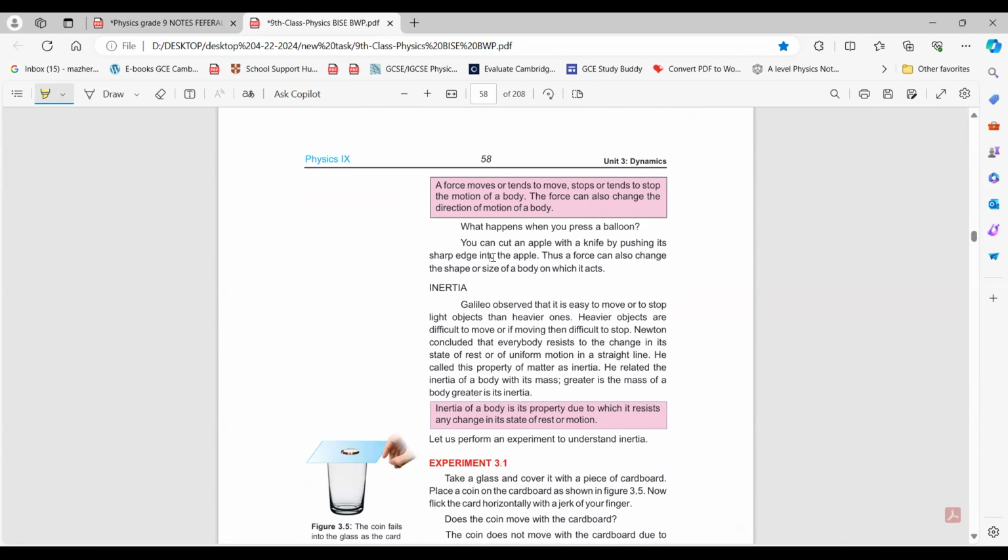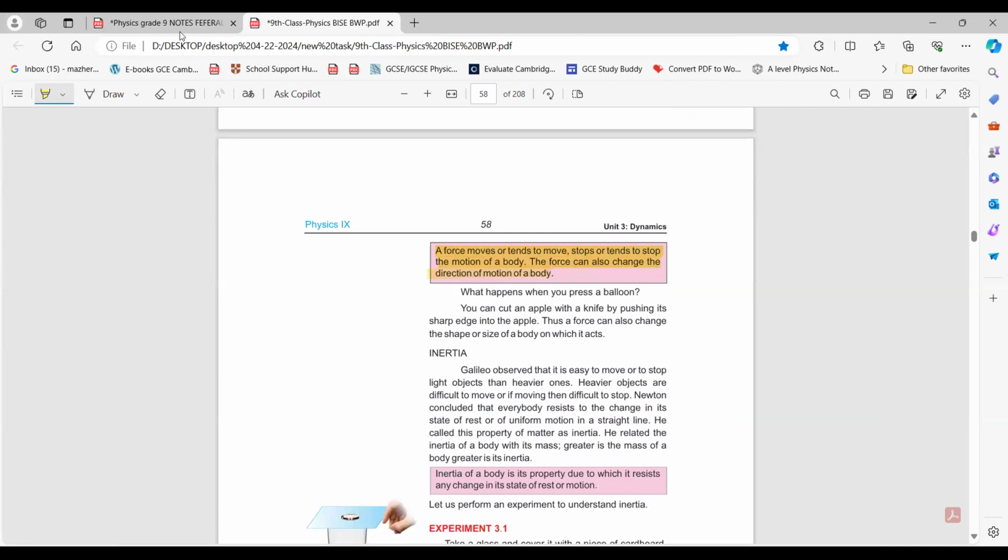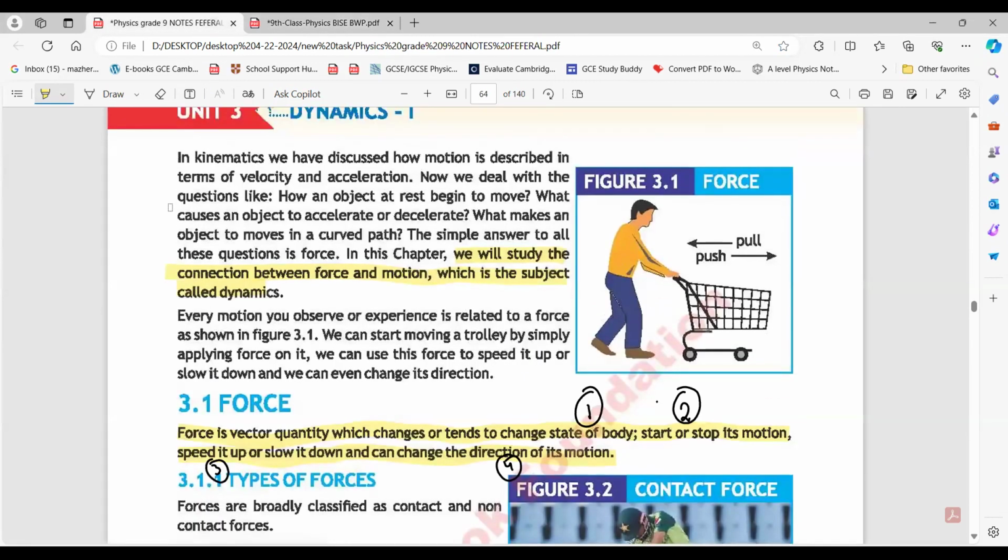Here is the definition of force. A force moves or tends to move, stops or tends to stop the motion. The force can also change the direction of the motion. These are basically the properties of the forces. But when it comes to the definition of force, that I have written for you. The push or pull on an object is known as force.